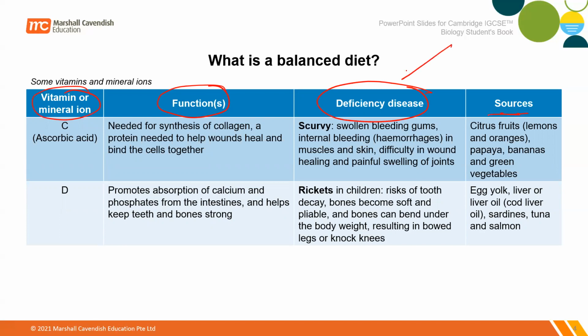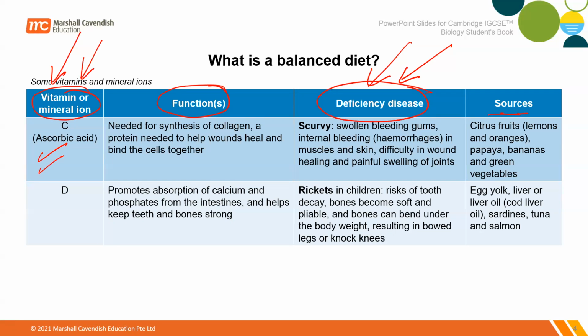The most important columns on this table are the first one and the third one, the type of vitamin and mineral and the deficiency disease. Definitely, you will take a look at the table and all of the columns in the table, but look at the deficiency disease for vitamin C or ascorbic acid.